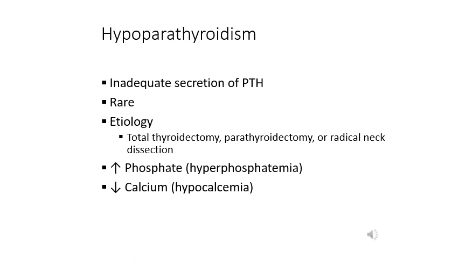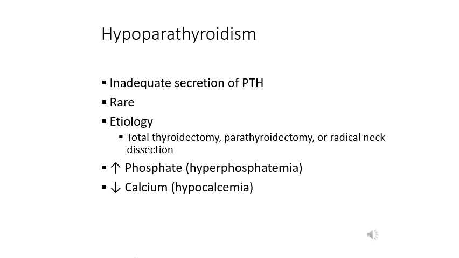So hypoparathyroidism is where we have an inadequate secretion of the PTH, or the parathyroid hormone. Right away you think, if there's less parathyroid hormone, there is less ability to pull calcium from the bone, or less calcium coming from the bone.